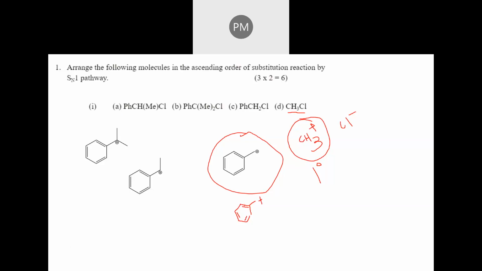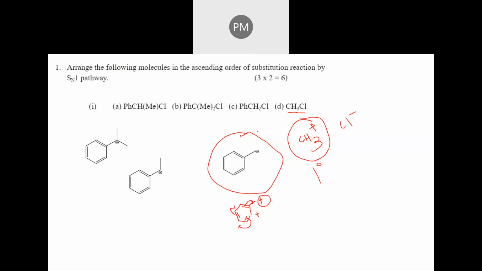So this electron cloud goes there, and this makes the plus here. Like that, the whole pi electron cloud of the benzylic group stabilizes this carbocation. So this is more stable compared to a 1 degree carbocation like methyl.